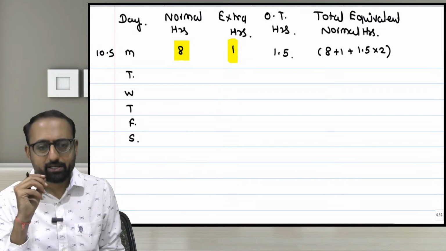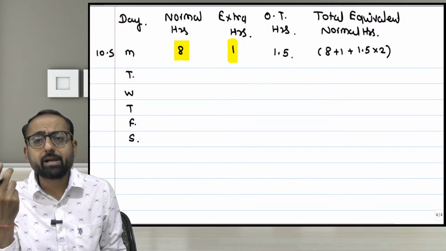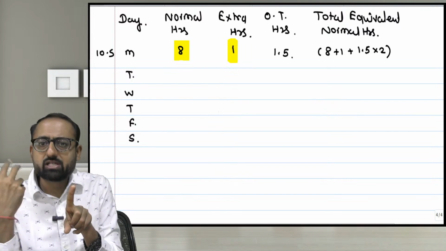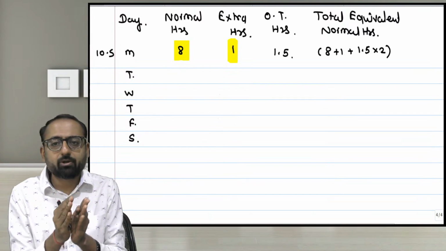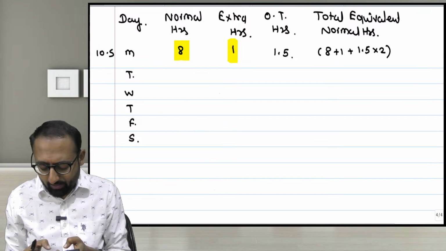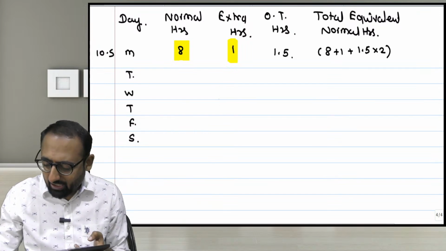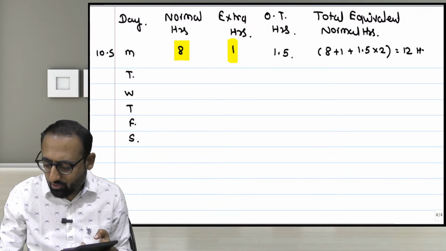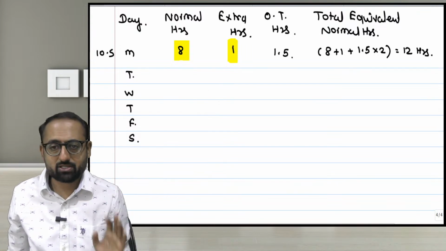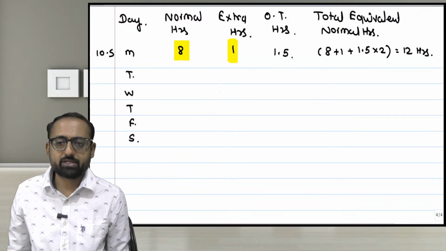As per the Factories Act, overtime will be paid at double the normal rate. So for 1 hour, you will get wages for 2 hours. So 1.5 multiplied by 2 plus 8 plus 1, equivalent to 12 hours. For 12 hours, you are going to get wages.